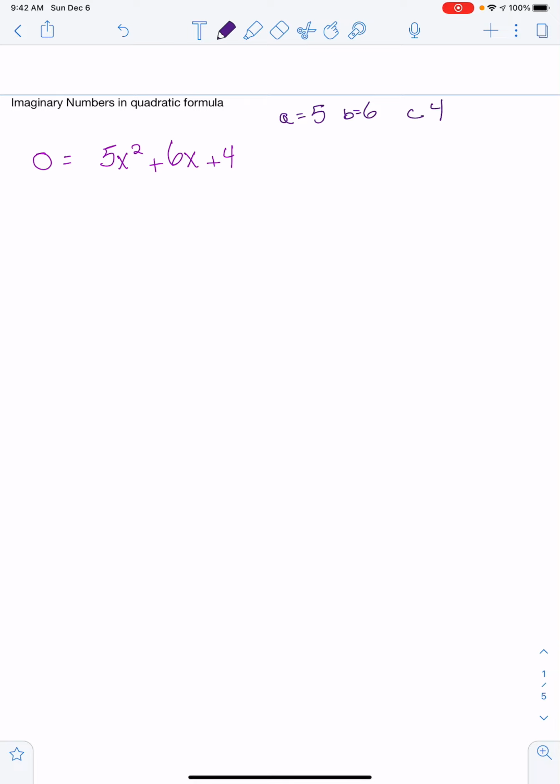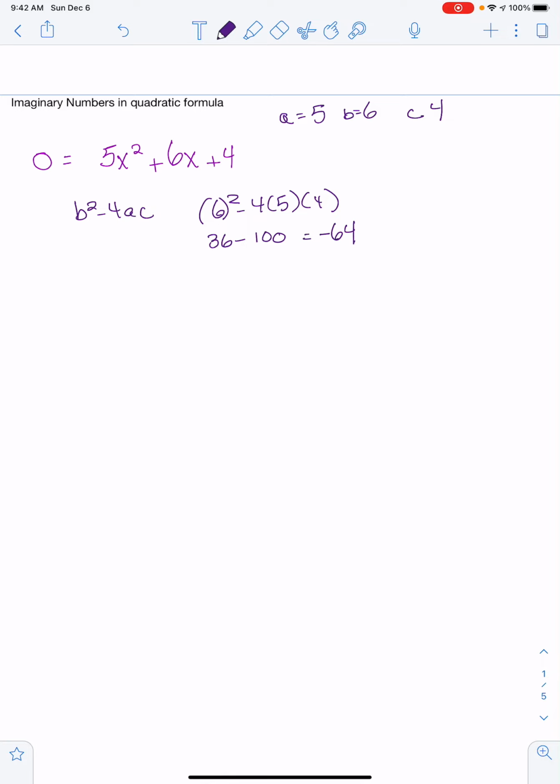And then I find the discriminant. The discriminant is b squared minus 4ac, and that's the part in the square root of the quadratic formula. So that would be 6 squared minus 4 times 5 times 4. That's 36 minus 100, and that's going to equal negative 64.